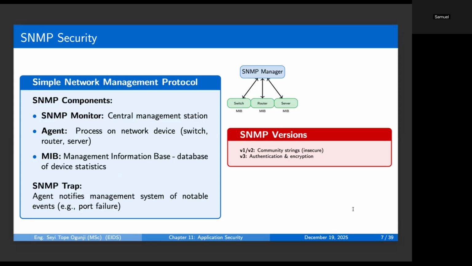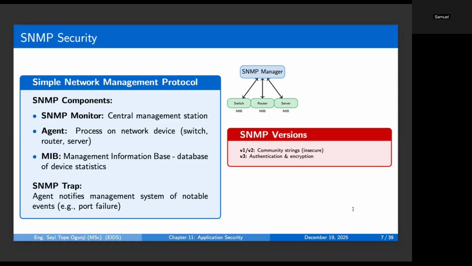Then there is also another component, the MIB, which we call the management information base. This is a database that stores information about each device. So all the things that are in that building are tracked by the MIB. So SNMP is the central management station.